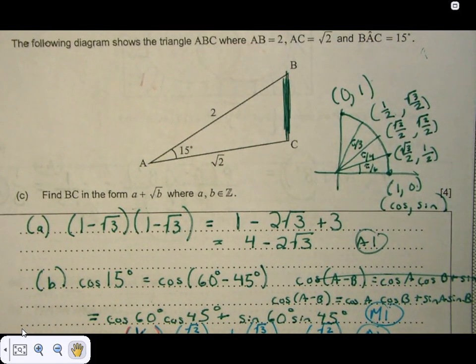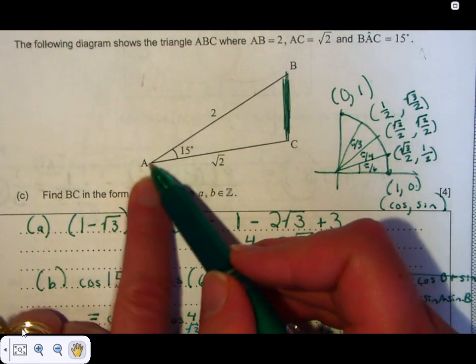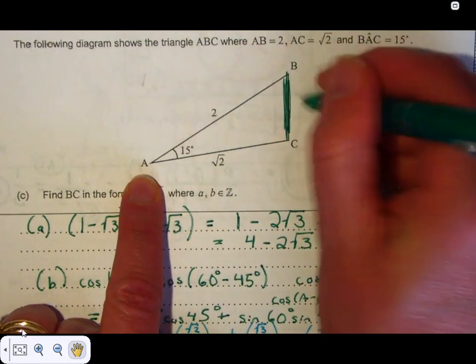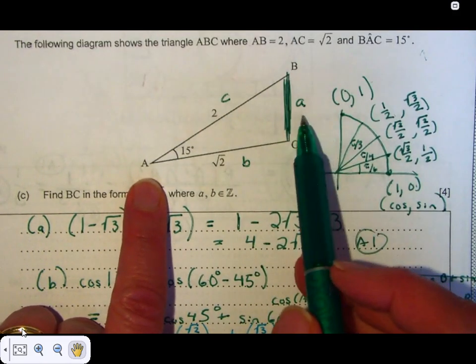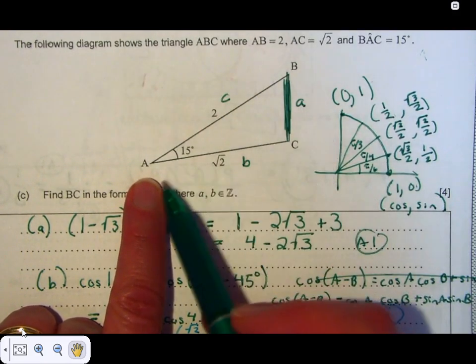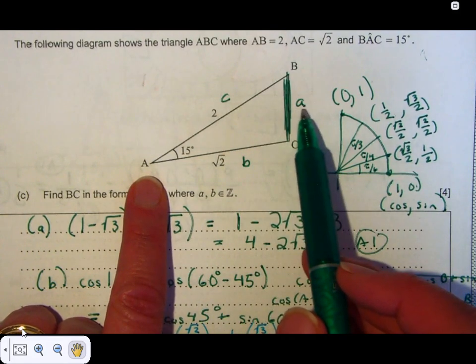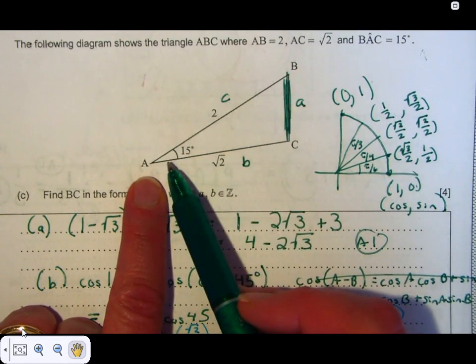Yes, it could be called A because technically, if you were to name this, this would be A, B, and C, because when you name, the small letter is the side opposite the angle.